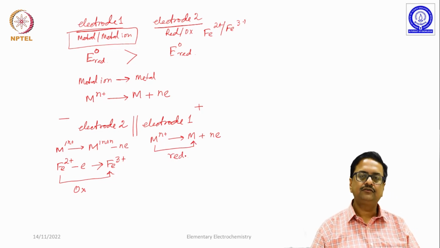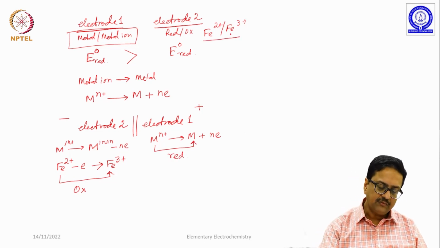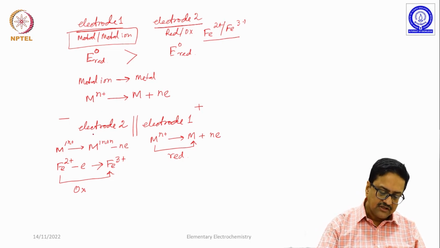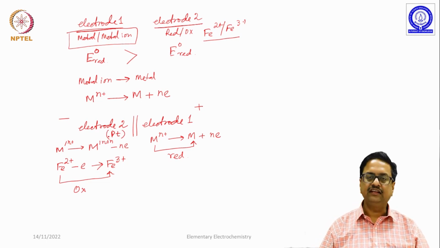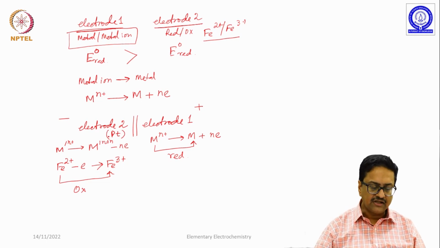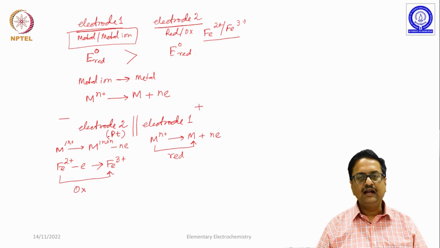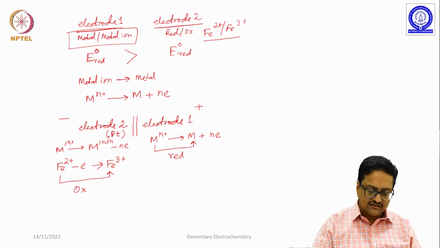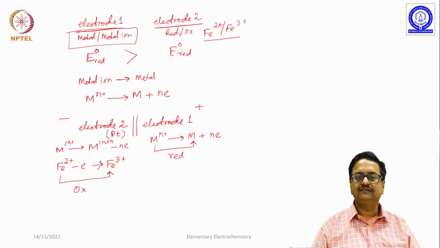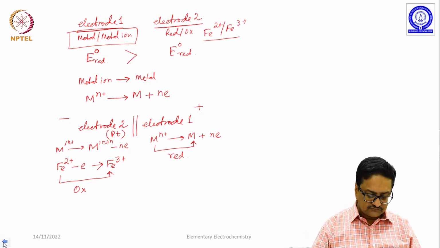Now you see this electrode 2 is not a metal ion electrode, so here you have to have, in addition, a platinum which is used to conduct electricity. So you have to apply platinum as the electrode metal, and the corresponding electrode reaction is happening between ferrous and ferric.